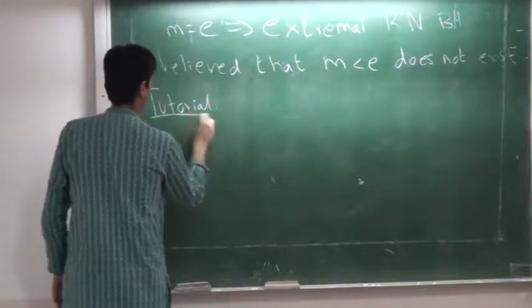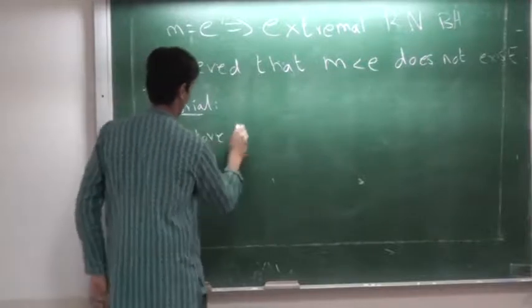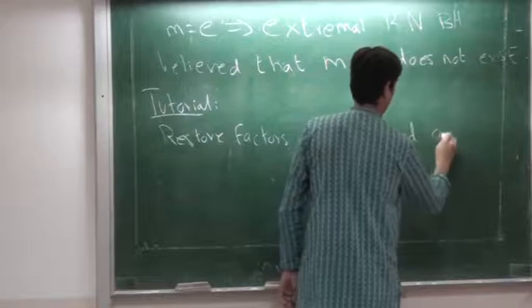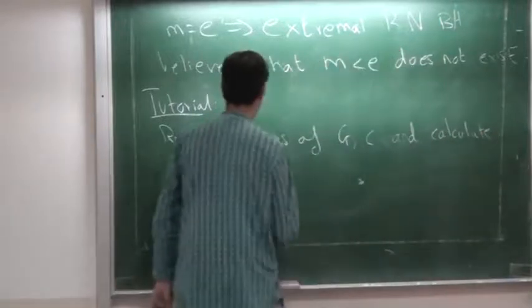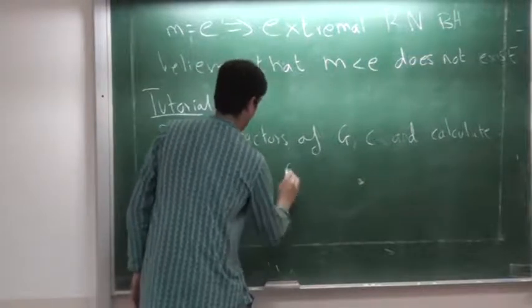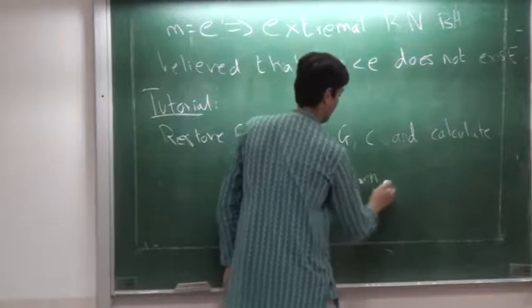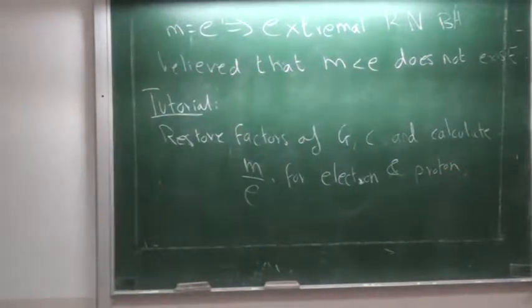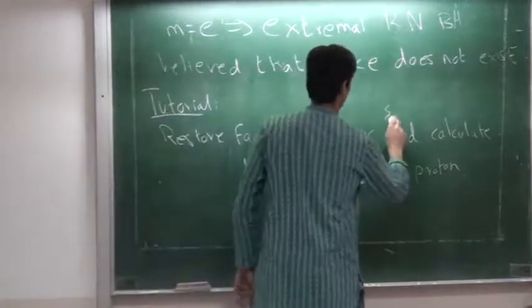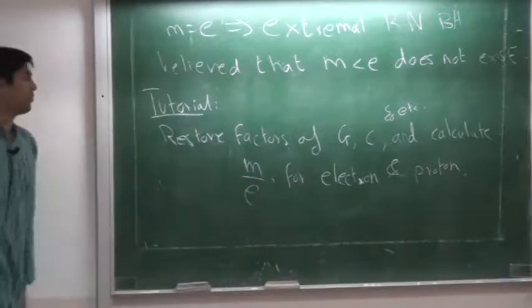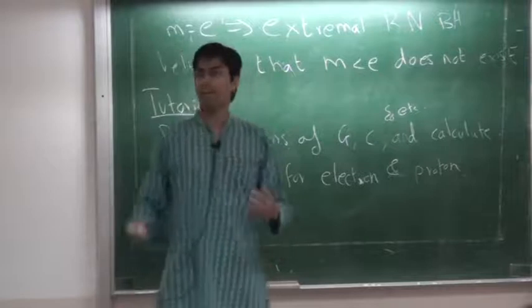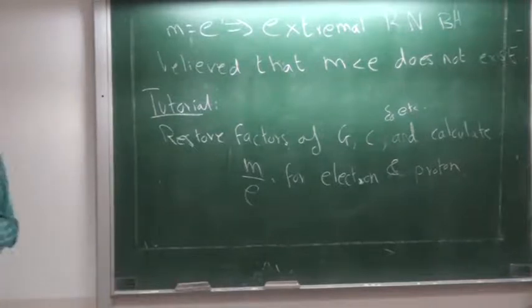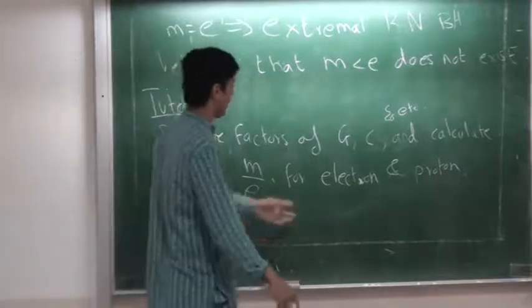Restore factors of G and c, and epsilon naught, whatever units you like to use, and everything else that you need to make this a dimensionless number in some SI unit, and compute this ratio m by e for electrons and protons.